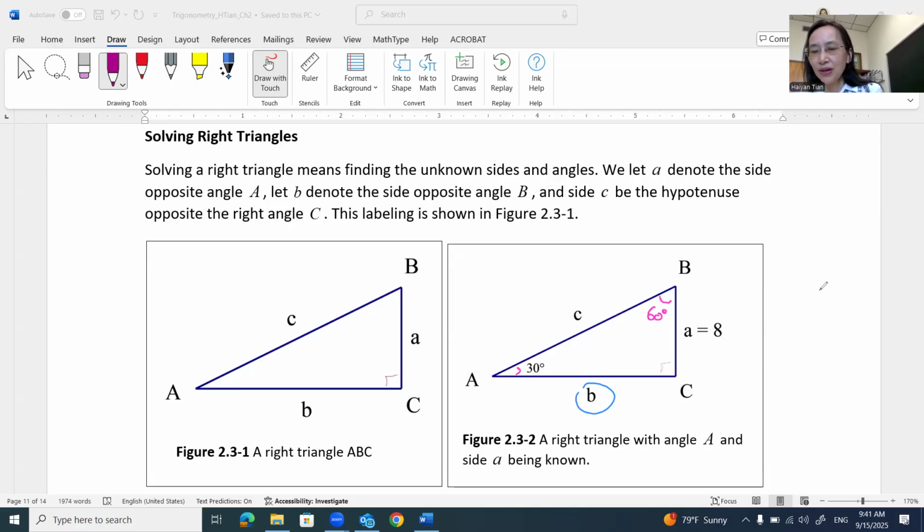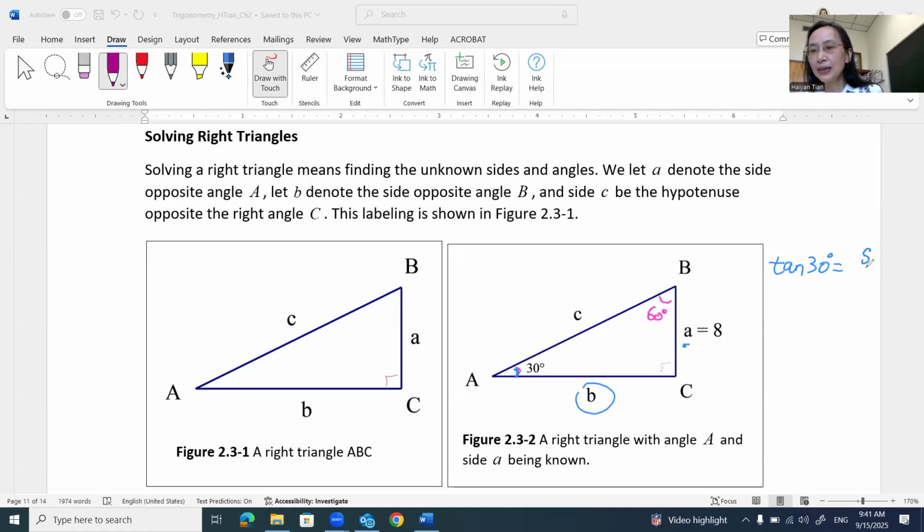As we see that a is given, the lowercase a, and b are related, right? Because of the tangent 30 degrees. So let's write an equation. Tangent 30 is equal to a over b, right? So the opposite over adjacent side.